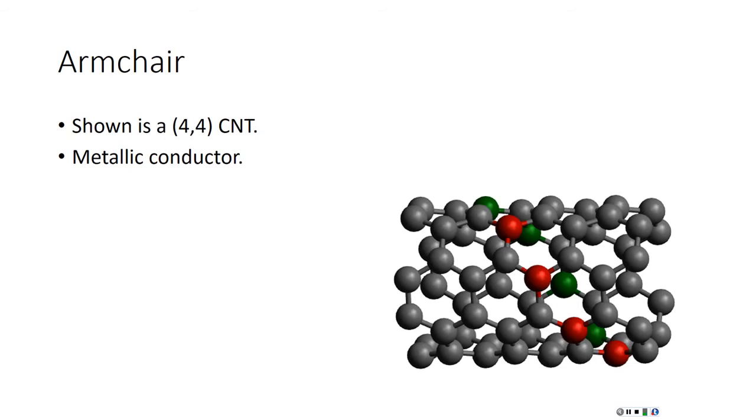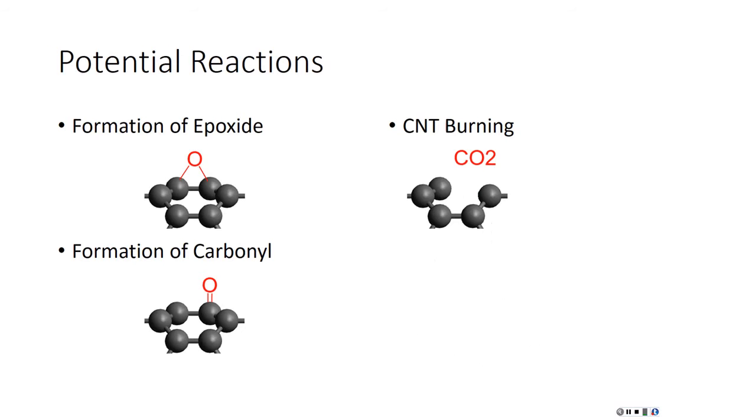So we use the 4-0 that you saw earlier on the ZIGZAG one, and we expected when we react it with the carbon nanotube, or the peroxide, that we'd get some formation of epoxides and carbonyls, as well as a burning reaction where carbon is removed from the carbon nanotube to make CO2 gas or something of the like. And this would make a hole on the nanotube.